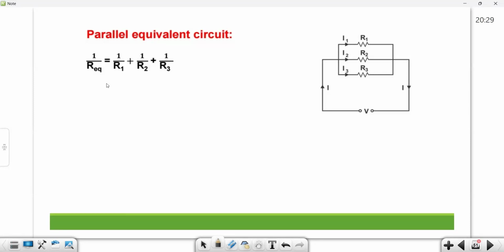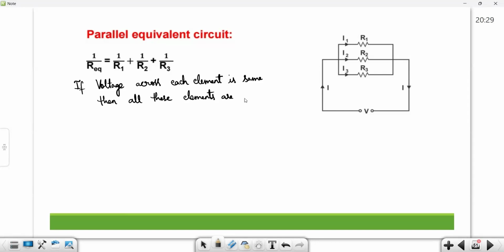And in parallel, if the voltage across each element is the same, then we can tell all these elements are in parallel.